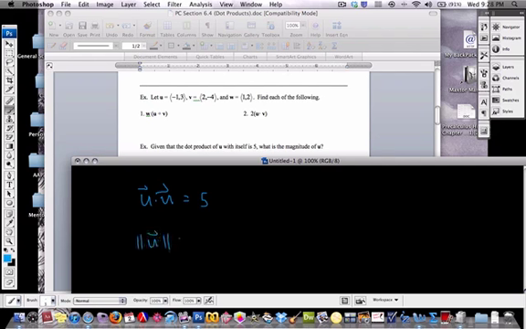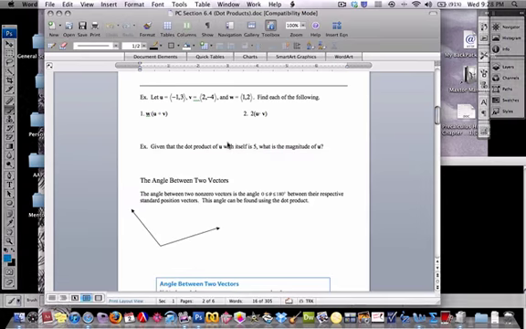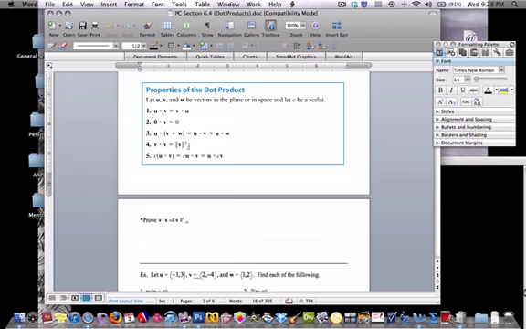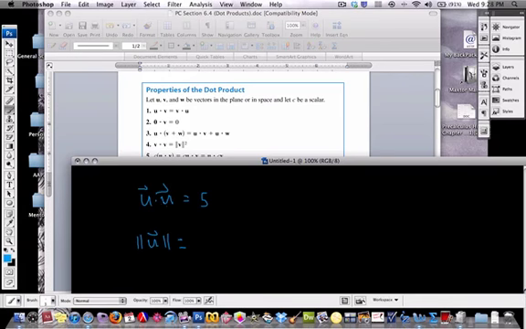of u. Well, if I was doing this in a live class, this is where I would call on somebody, see if they could figure this out, but since this is a video, I'll just cut to the chase here. You want to use this property. A dot product with itself is the same as the magnitude squared. So the dot product with itself is 5.